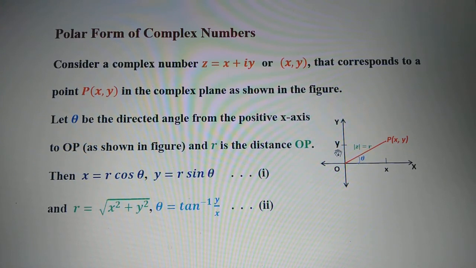If the complex number is in the second quadrant, then theta will be greater than pi by 2, and if that is on the negative direction of x-axis, then that theta is pi. So theta varies from 0 to 2 pi. One complete rotation, 0 to 2 pi.